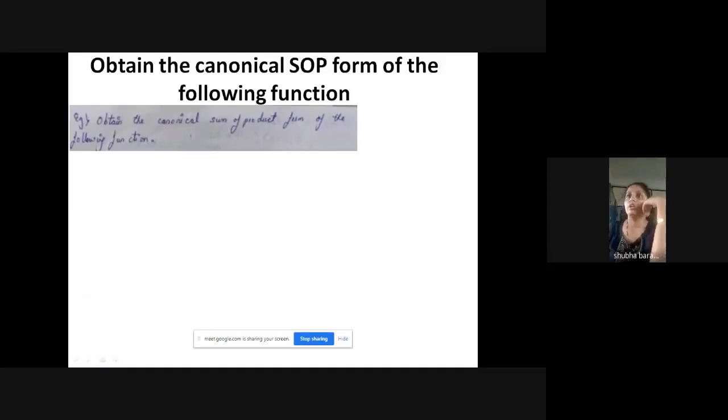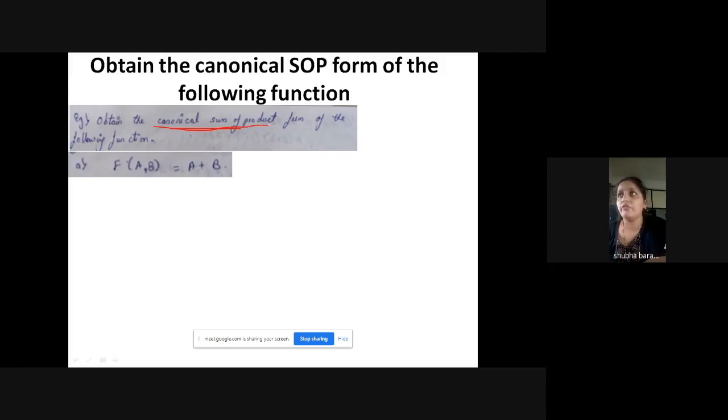Okay. So see, you are asked to write the canonical SOP form for the function f of a plus b equals a plus b.